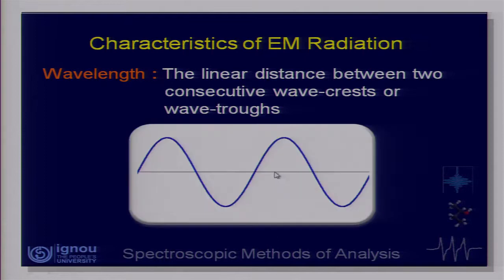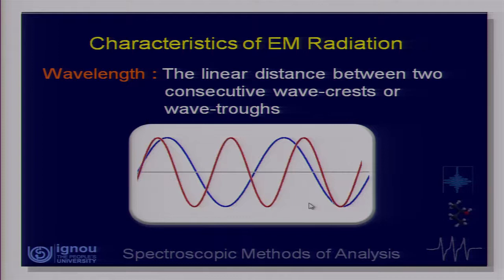Looking at this picture, this is my typical wave. This distance is the linear distance between two crests, or I can take this distance between two troughs. This is defined as wavelength. For a different wave, this will be the wavelength.